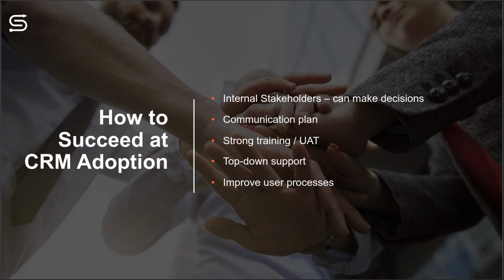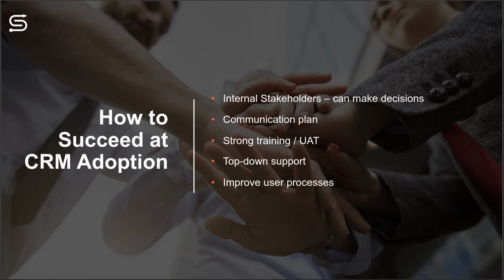And the top leadership who appoints those internal stakeholders, by giving them power to make decisions, own pieces of the project, and communicate with the team implementing the solution, you're going to get them to own and champion the system too. And in turn, those people become your super users and power users who can support the additional people on your team post rollout. And of course, we can support as well.